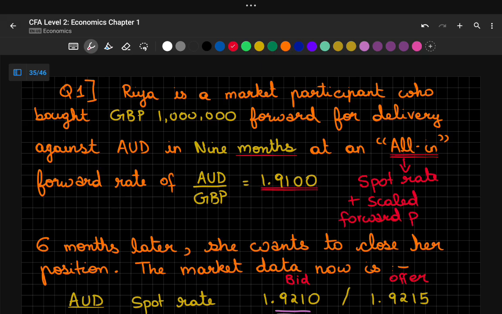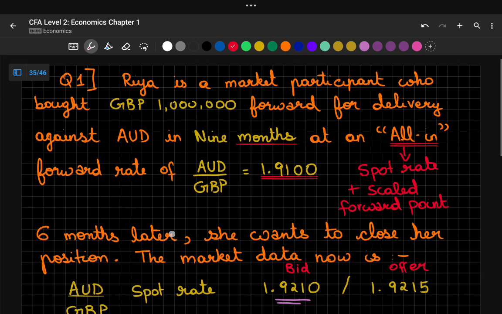You don't have to calculate separately, it is already calculated for you. That's what all-in means. So AUD to GBP equal to 1.9100 means 1 GBP is equal to 1.9100 AUD. That's the price at which Ria has agreed to buy GBP after 9 months. That is the 9-month forward contract.